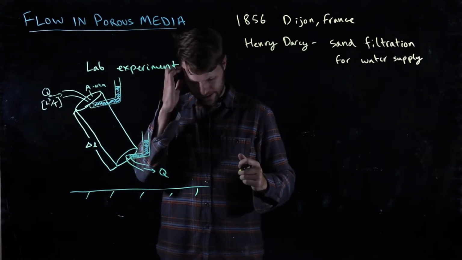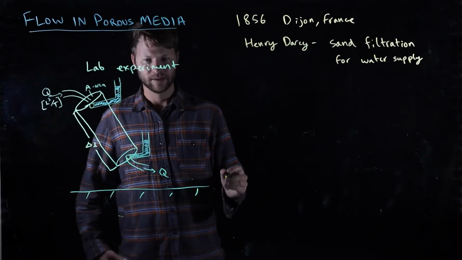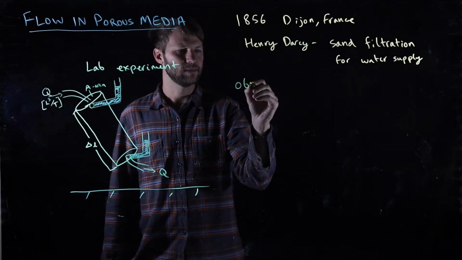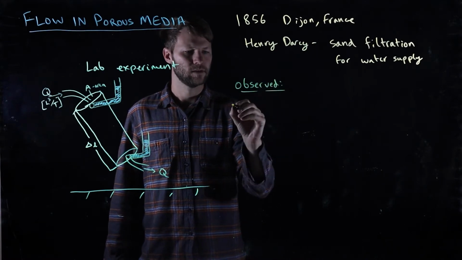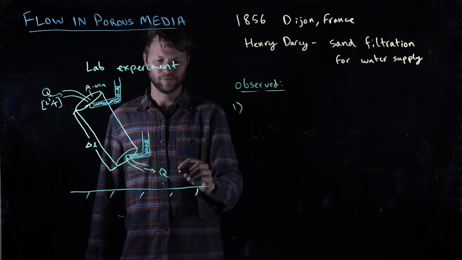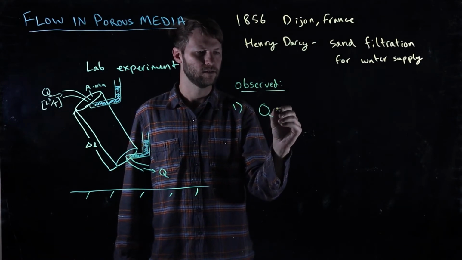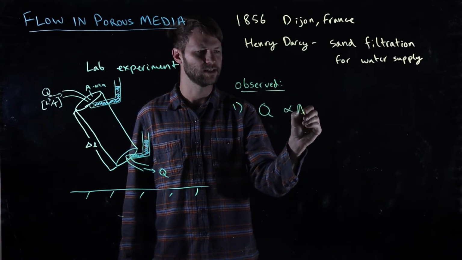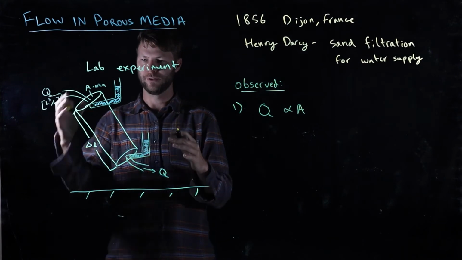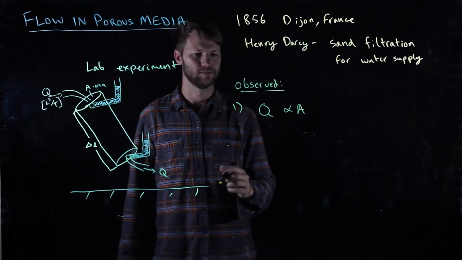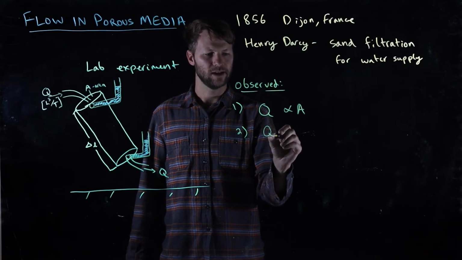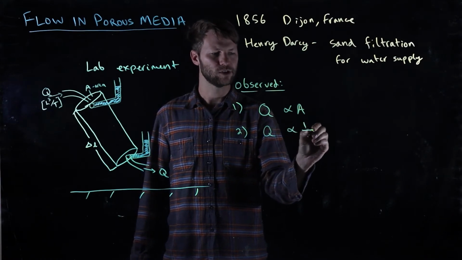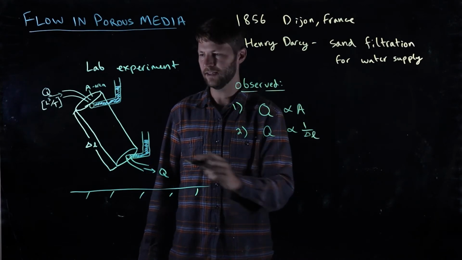So Darcy did this experiment and made the following observations. 1, the flow rate through here was proportional to the cross-sectional area. So a bigger tube, you got more flow rate, all else equal. 2, the flow rate was inversely proportional to the length of the tube.